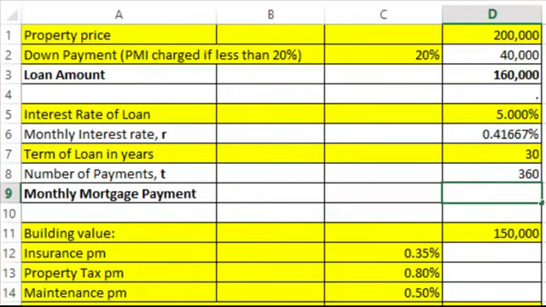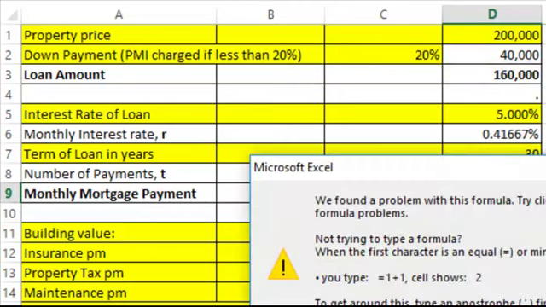Okay, so on the monthly mortgage payment we go equals parenthesis, and it's D3, so D3 times D6, and then times 1 plus D6, so we want to make sure we get a 1 plus D6.